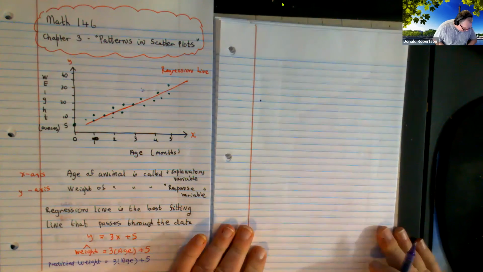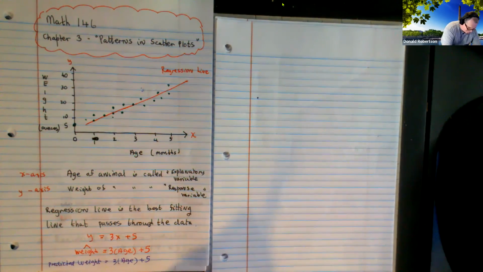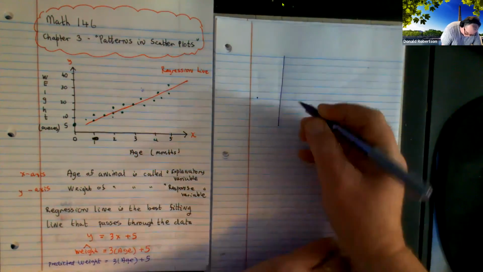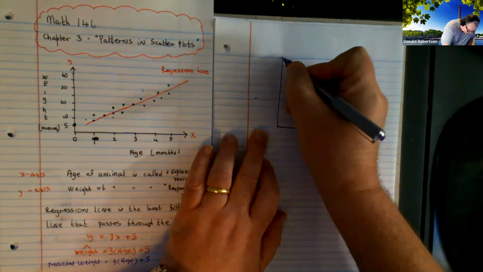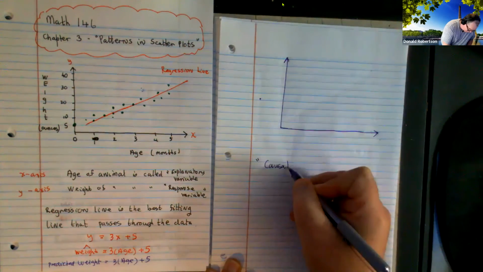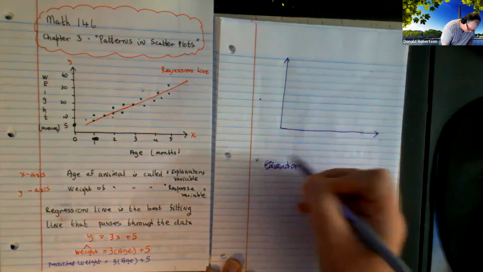Now, another thing that you can do with these guys, and this is even worse than extrapolation, and it even has a phrase. Causation, right, sorry, get it the right way around.